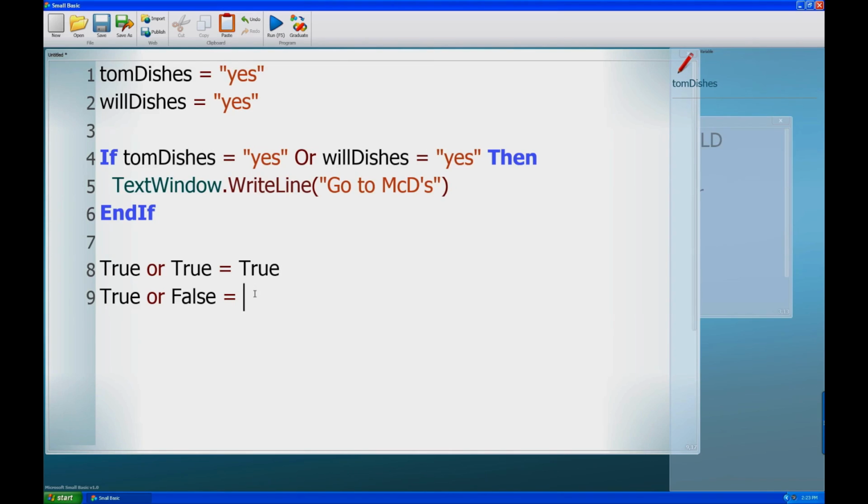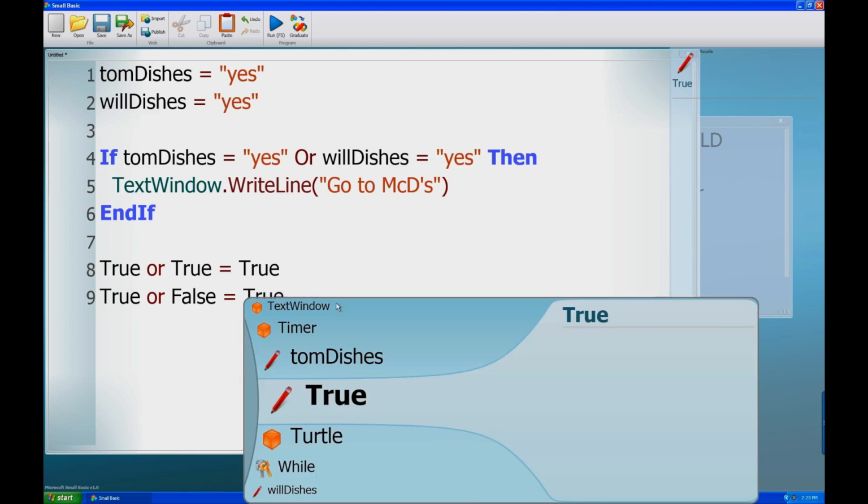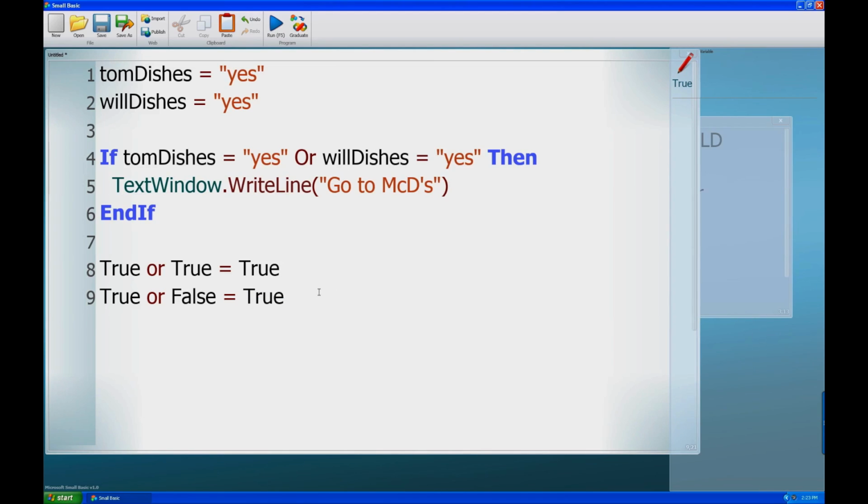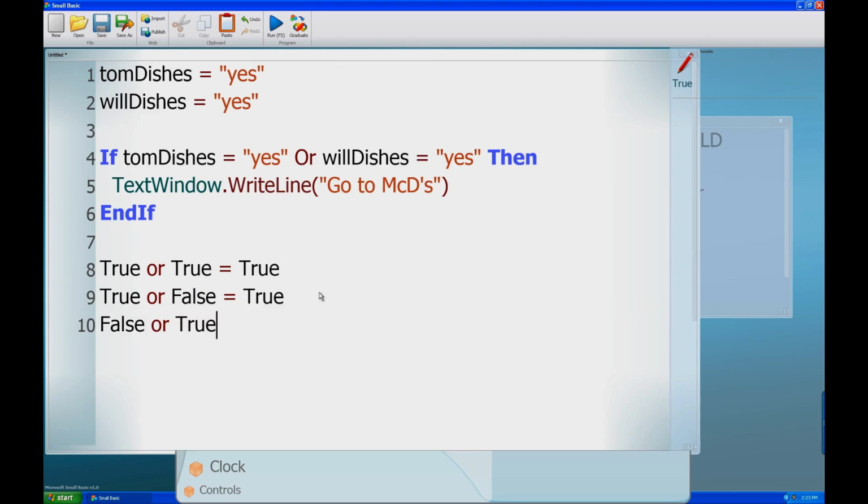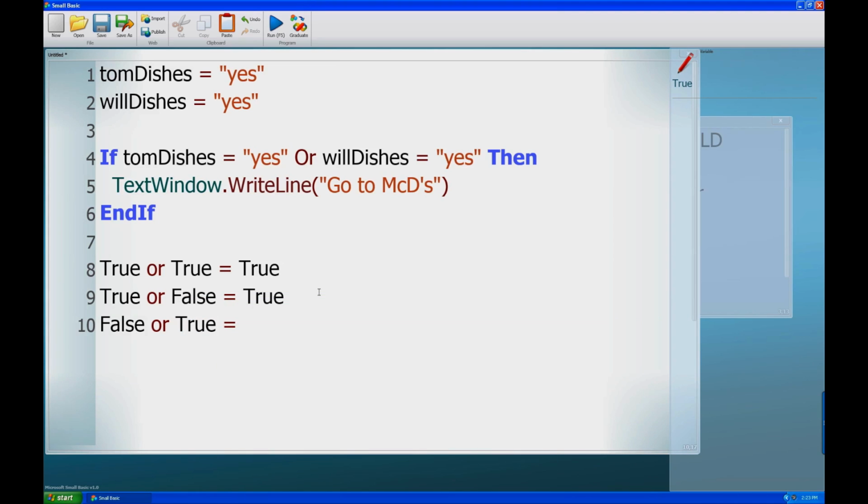So in this situation, true, we still do run the condition. Let's have a look at a situation where we can say what about false and true? So if I haven't done the dishes and Will has, well yes, the condition will still run.